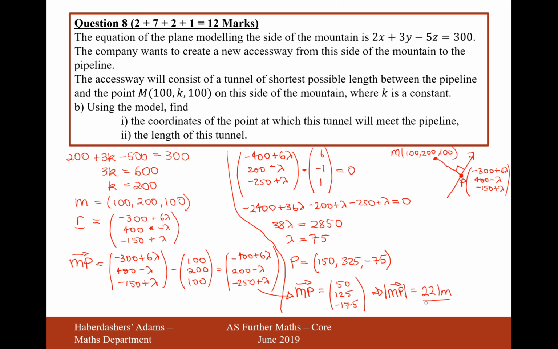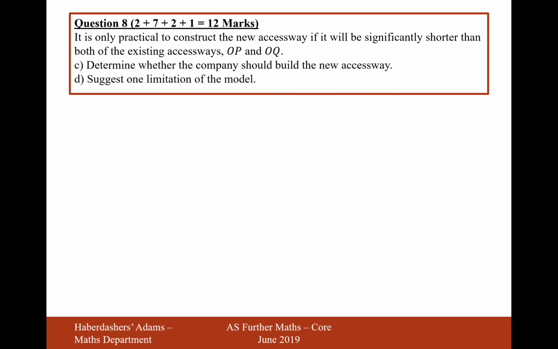So there we are. There is the point of connection onto the pipeline, and the length from the point M to that pipeline is 221 meters. So there we are. Let's now move on to parts C and D.